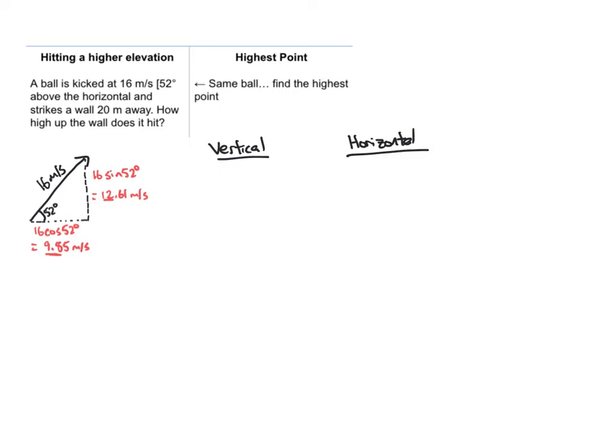So vertical starting velocity v1 was 12.61 meters per second up, and horizontal v, which is constant, 9.85 meters per second.